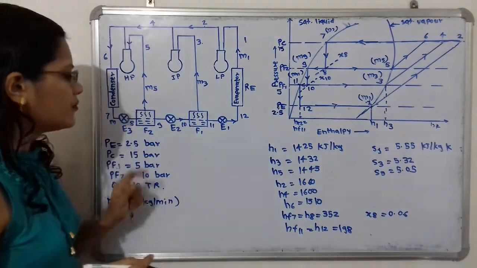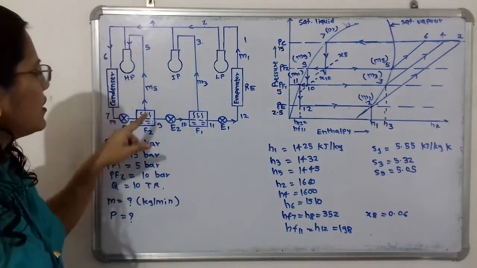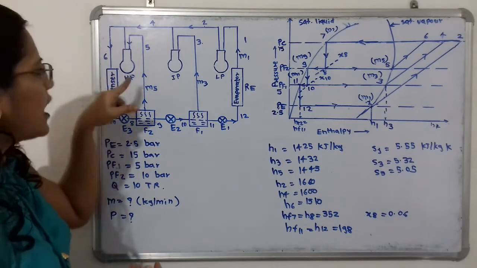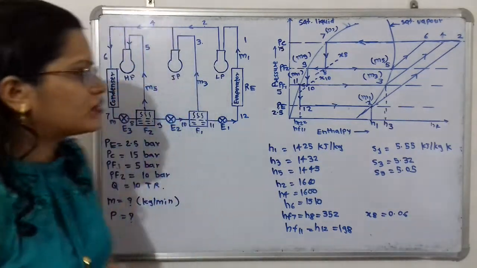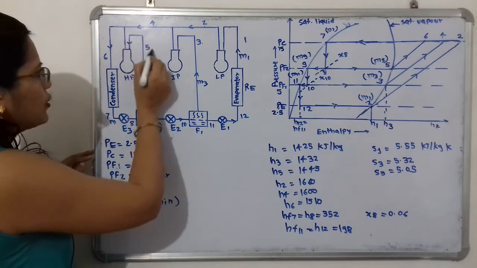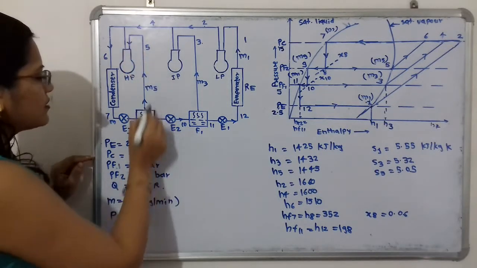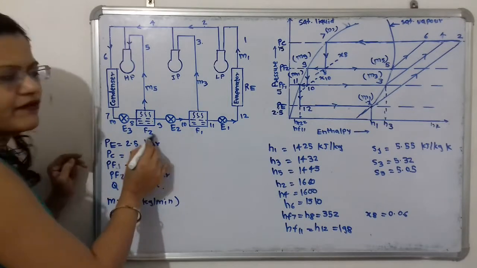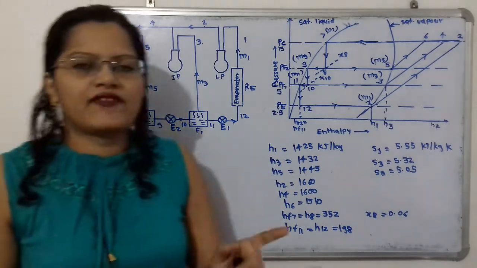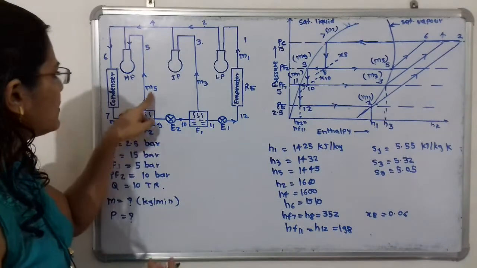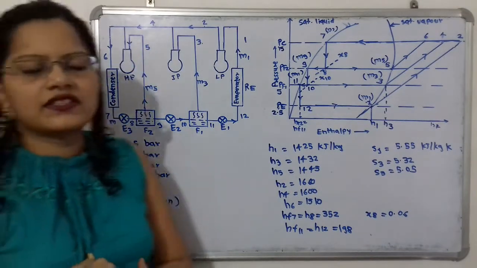Now again, if we move next, what is the next process? That is high pressure compression. Now there is the point 5. If we observe this point 5, the refrigerant is at pressure F2, that is the pressure at flash chamber 2. And what is the state of this refrigerant?